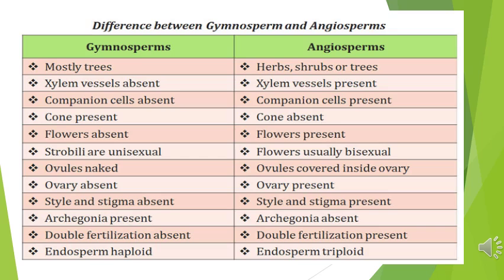Endosperms are haploid in nature in gymnosperms, whereas endosperms are triploid in nature in angiosperms. So in this video, we have studied the life cycle of the angiosperms, the alteration of life cycle in flowering plants, and the difference between the angiosperms and gymnosperms.